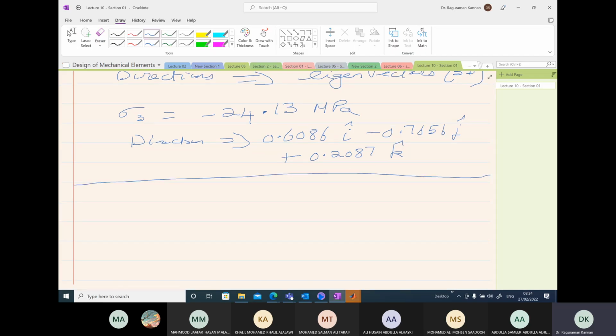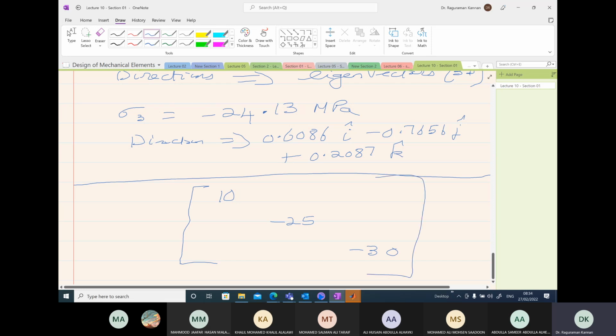But in exams, I will give you a 3D problem, but not a full 3D problem. So what kind of a 3D problem are you going to get? This is how you will get it. I will specify some values for sigma xx, yy, and even zz, like this, and I might give you 0, 0 here and 0, 0.